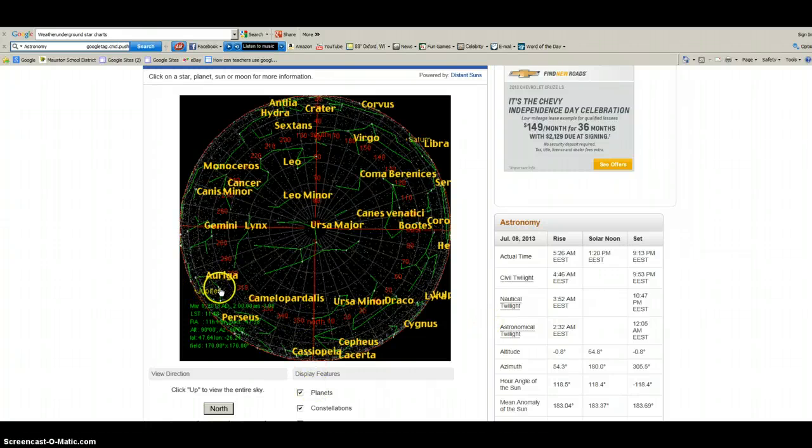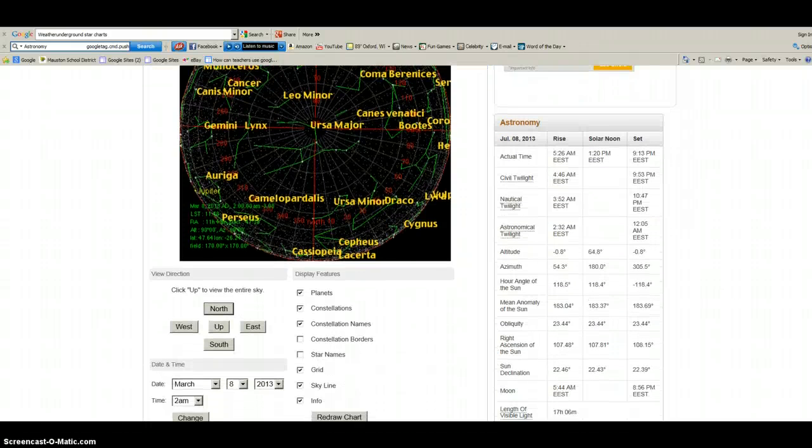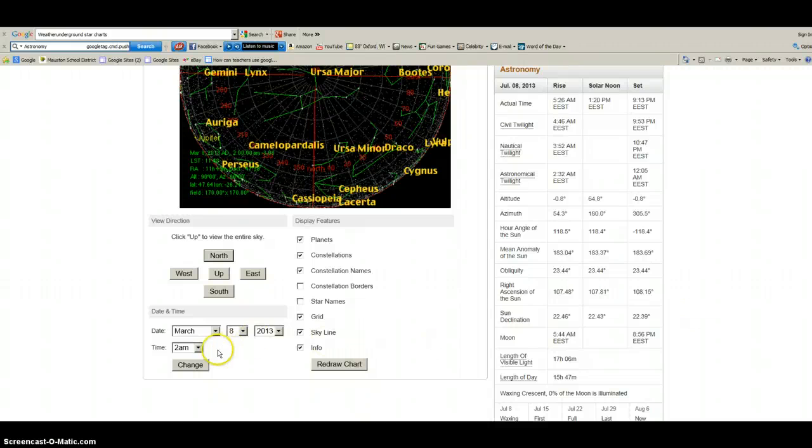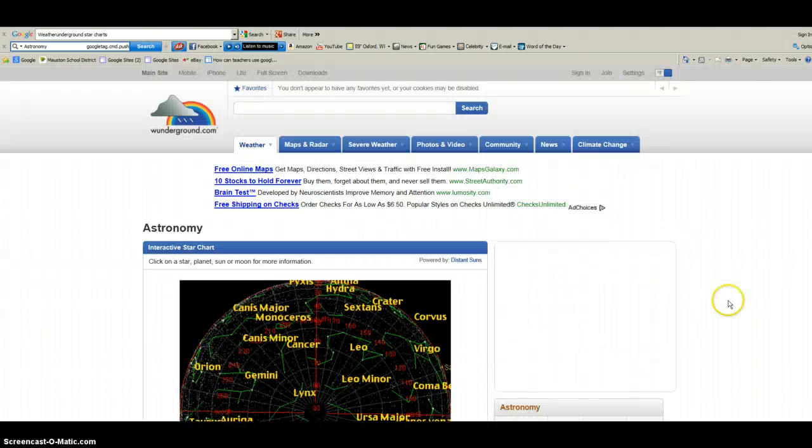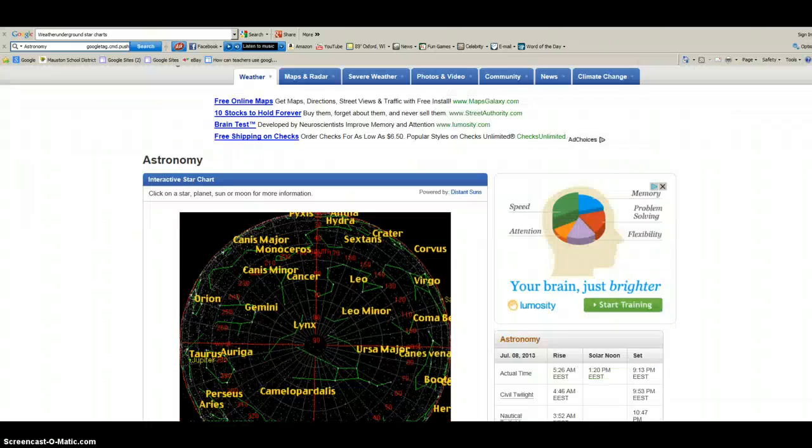Way over here, Jupiter. Usually that's the easy one to see. Let's look at it at midnight. See where Jupiter is.